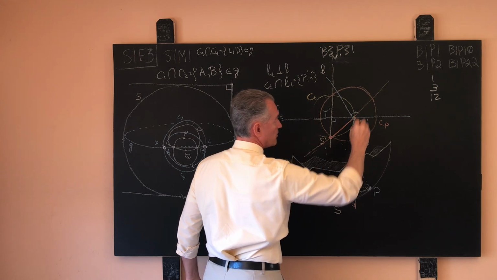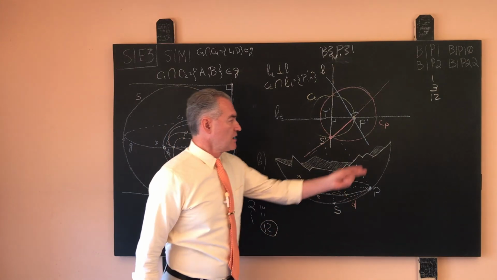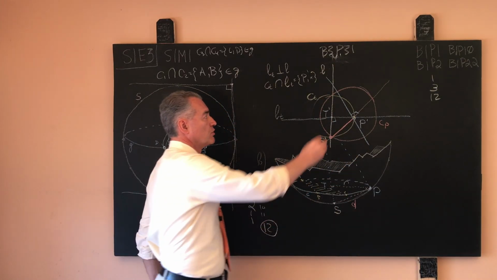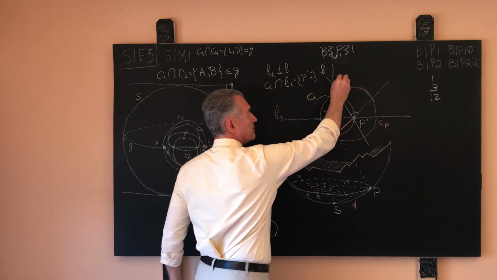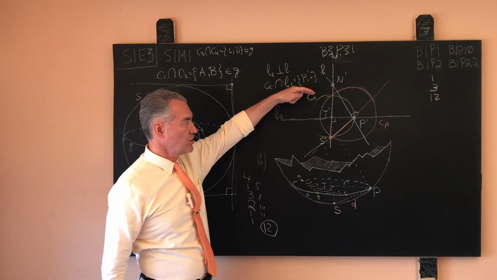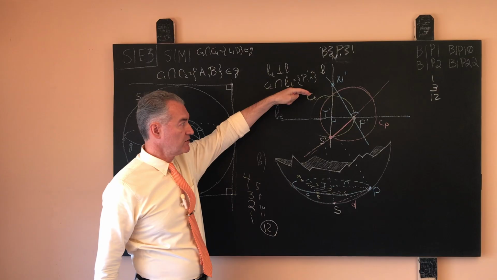And let's say this guy must be perpendicular to this line. This line will intersect the straight line L at the point N prime, which is a faithful representation of the virtual north pole of the wholesome sphere, of which we're given a fragment.